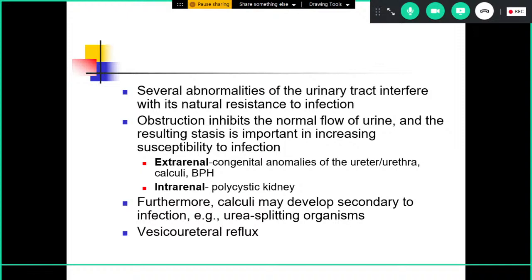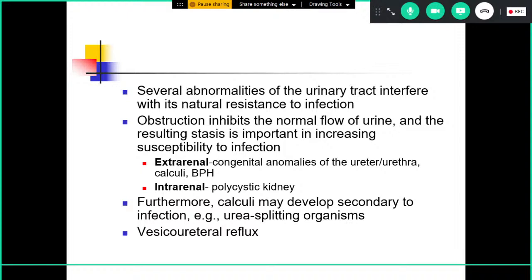Besides these, several abnormalities of the urinary tract interfere with its natural resistance to infection. Obstruction is one very important factor. Obstruction leads to stasis and increased susceptibility to infection. This obstruction can be either extrarenal or intrarenal, and the most common causes are calculi and benign prostatic hypertrophy, which is seen in men. Furthermore, calculi may develop secondary to infection.